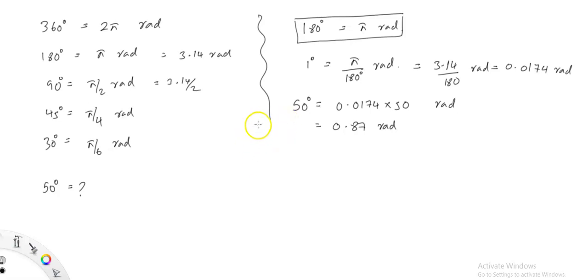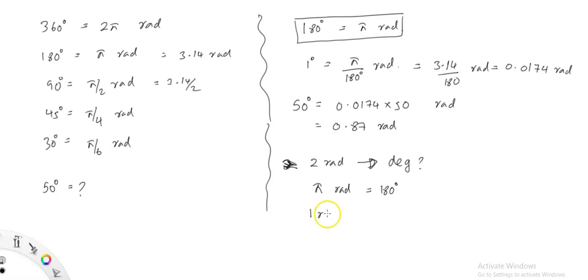So let's try going the other way. How about I'm trying to write 2 radians. How many degrees? So how do you go the other way? You can always remember pi radians equals 180 degrees.